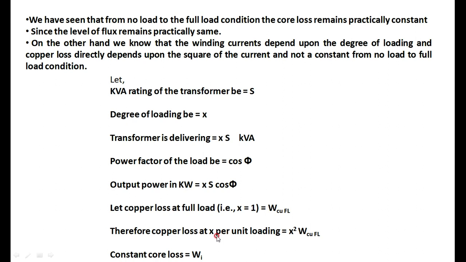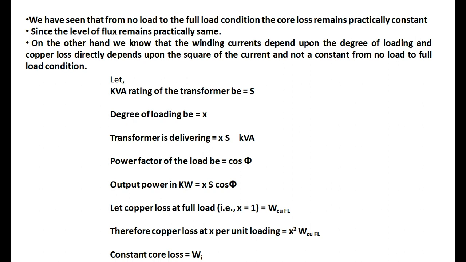Therefore, the copper loss at any loading condition x can be written as x square times the copper loss at full load. I will give a small example. If the current is 2 amperes and the resistance is 1 ohm, then the total I square R loss is 2 into 1, that is equal to 2 watts.